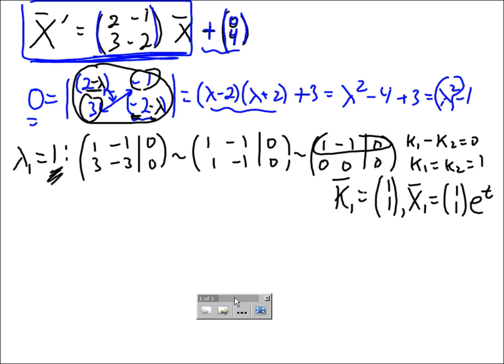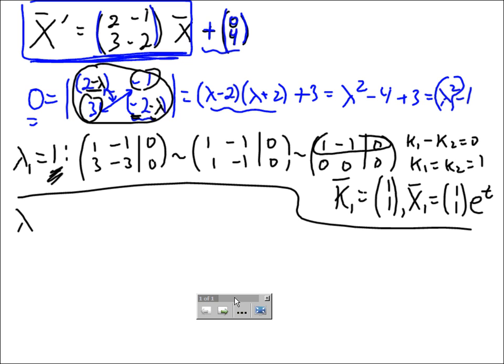So let me put this, now I guess we have one still. Now let's work with lambda 2, which is negative 1. So let me just rewrite that matrix. I wrote on it a bit. 2 minus lambda, 3, negative 1, negative 2 minus lambda.